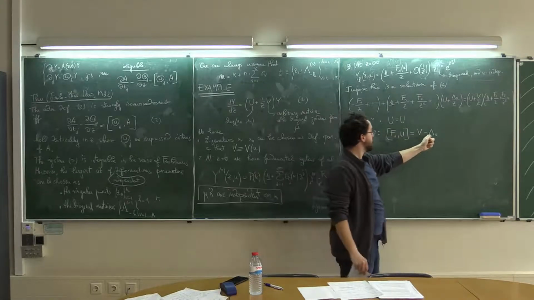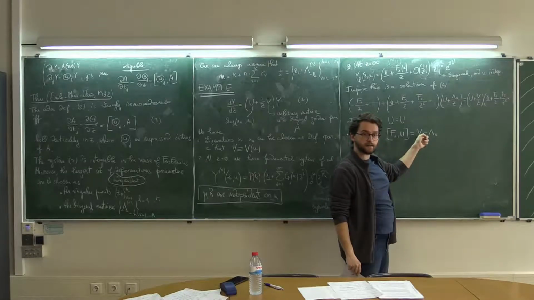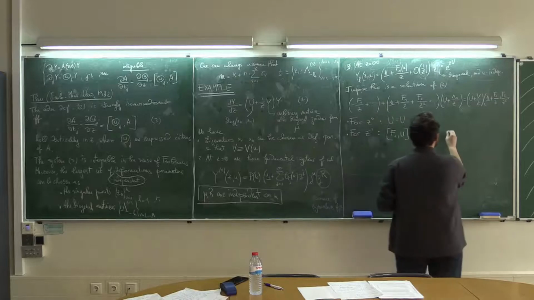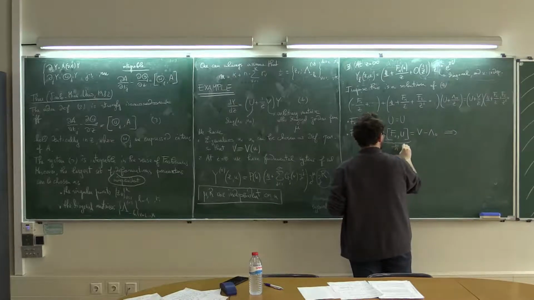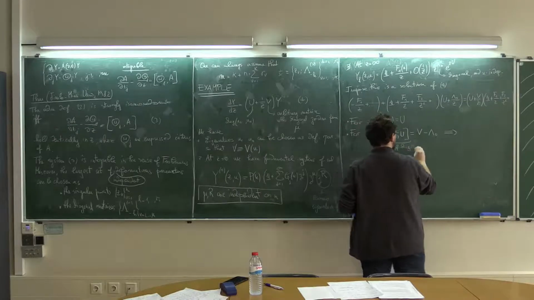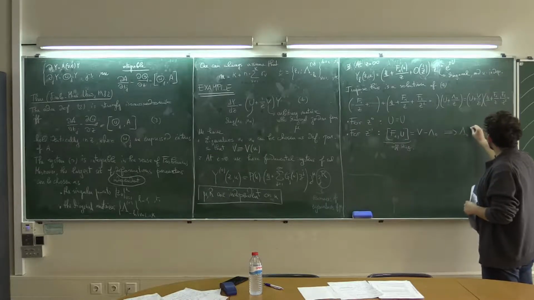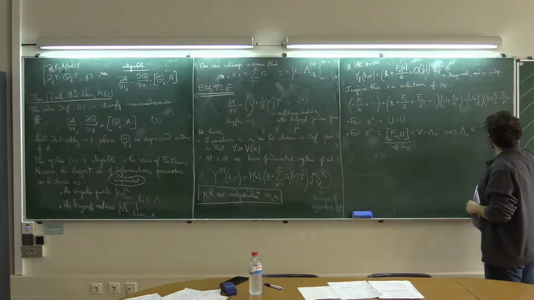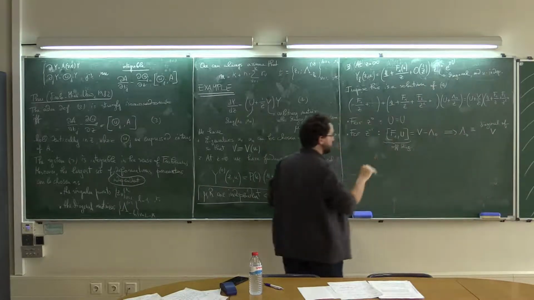But then necessarily lambda 0 must equal the diagonal part of v. So, consequently, lambda 0 coincides with the diagonal of the matrix v.